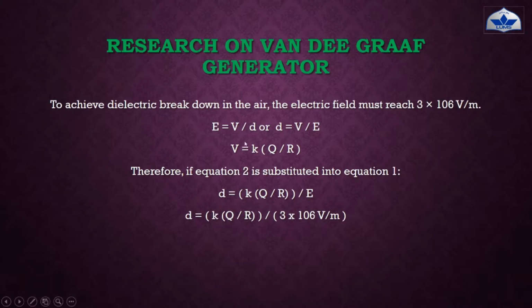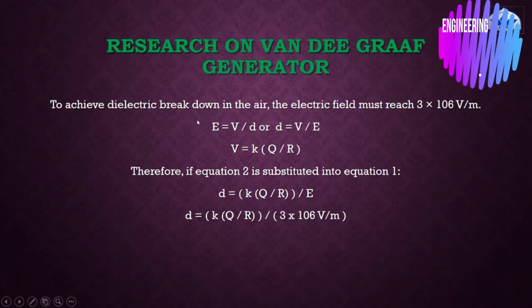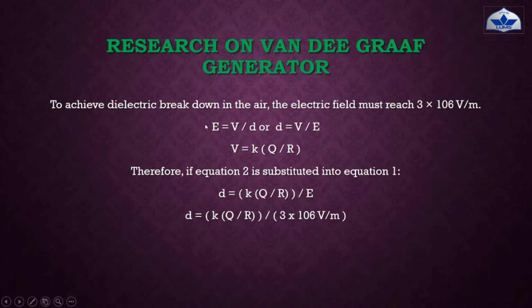E is equal to V by D, or D is equal to V by E. V is equal to KQ by R. Here K is just a constant, and Q is the total charge which accumulates on the dome-shaped sphere. D is the distance, and R is the radius of the outer terminus, which always remains constant.